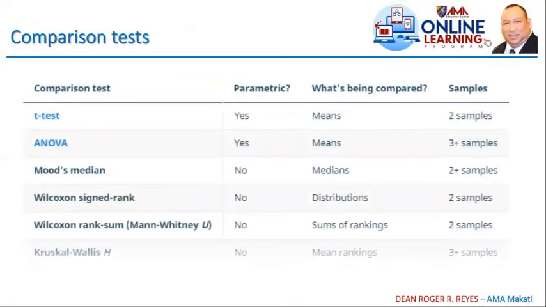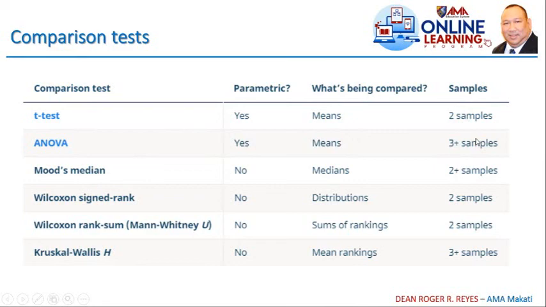Okay, comparison test. We have different statistical tools. The most popular are t-test and ANOVA. So when we are comparing means, we are using this too. So this is for 2 samples, meaning 2 sets of respondents, 3 samples, 3 sets of respondents.